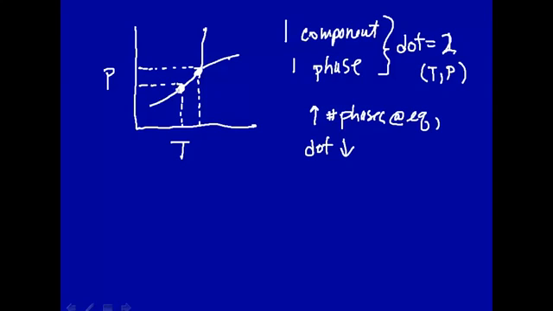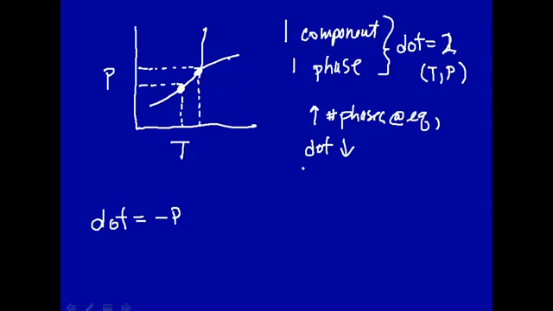If you make 2 phases, the degrees of freedom will decrease by 1. Let's keep a running tab here. So degrees of freedom will equal minus the number of phases, because each time we add a phase, we decrease the degrees of freedom by 1.